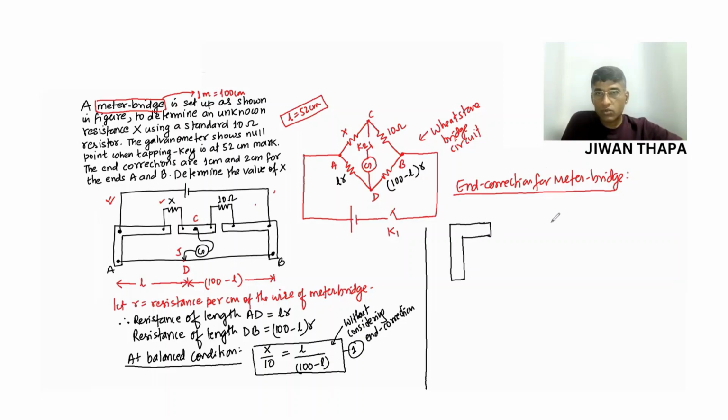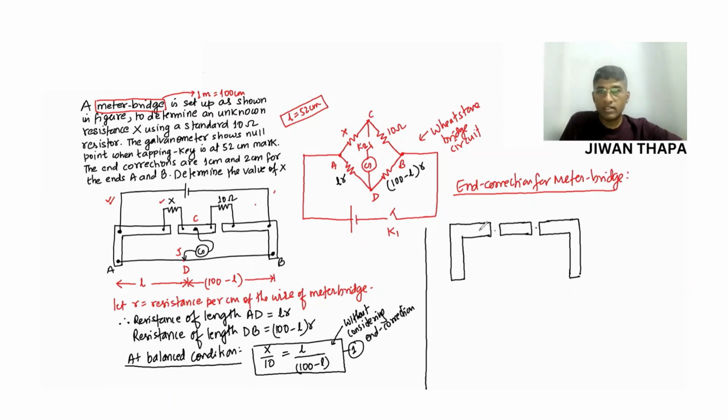So we have two large copper strips, and we have a small copper strip in order to provide two gaps. So this is the left gap and this is the right gap.